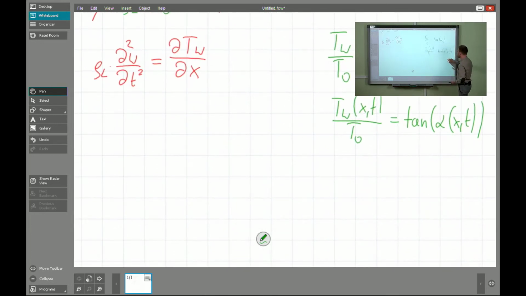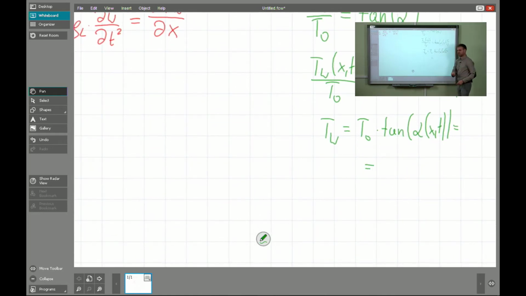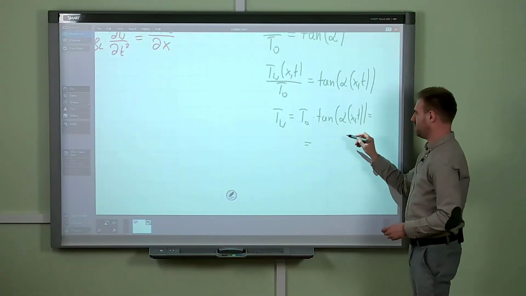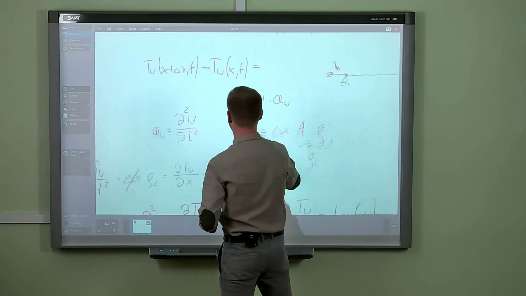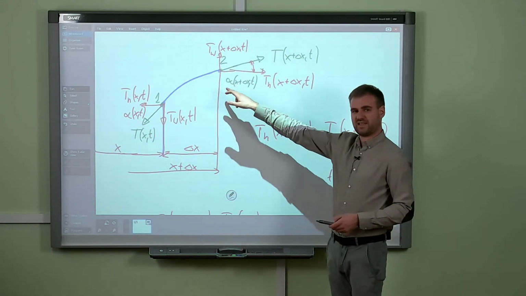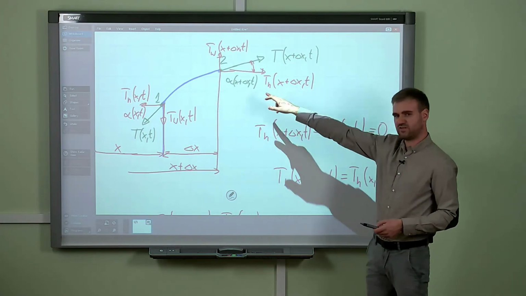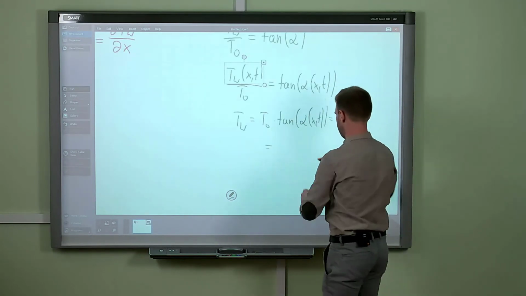Okay, and now we see that Tw is given by T0 times the tangent of alpha of x and t, and now we have to determine the tangent of alpha. But it's easy, because the tangent of a continuous function is its derivative. Because we have a multivariable function, we deal with the partial derivative.